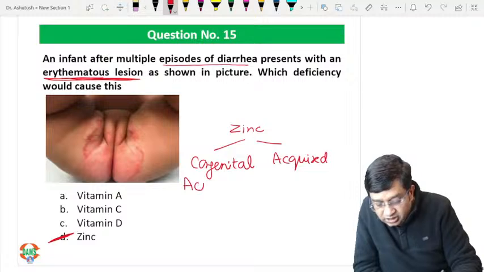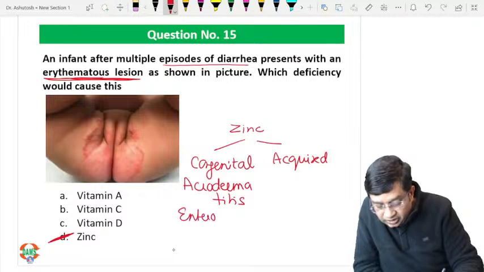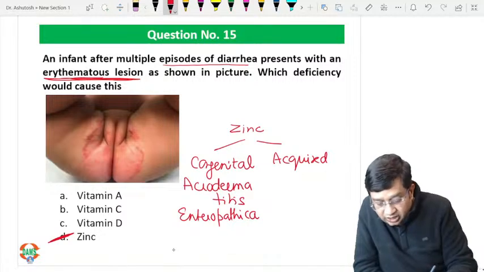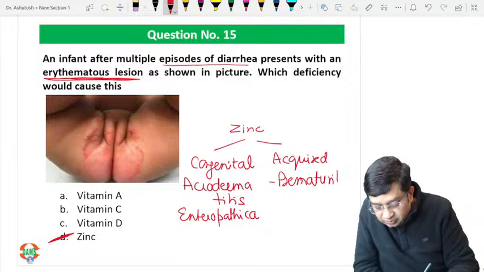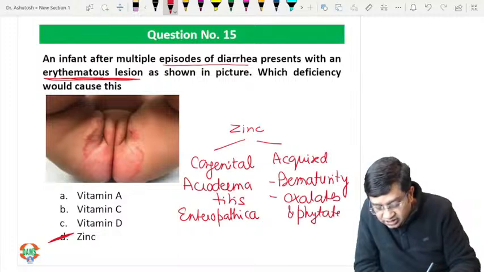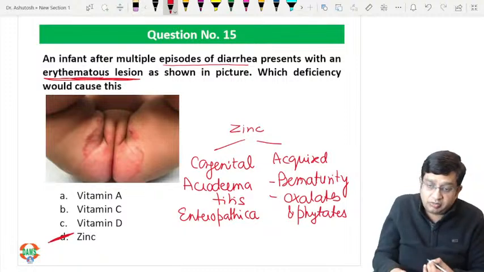Congenital you study as acrodermatitis enteropathica. And acquired can be seen in a premature child. Diets that contain oxalates and phytates, so due to oxalates and phytates, zinc is not absorbed, right?